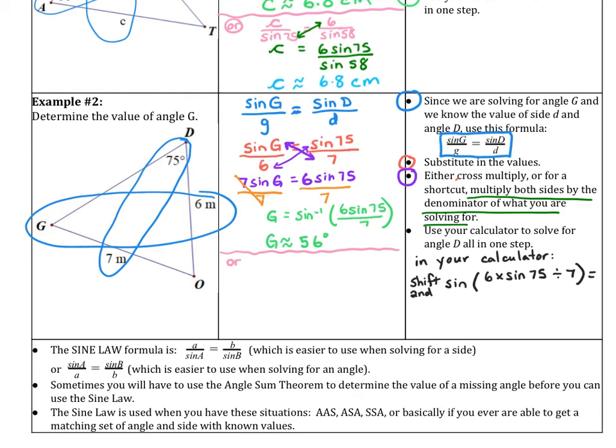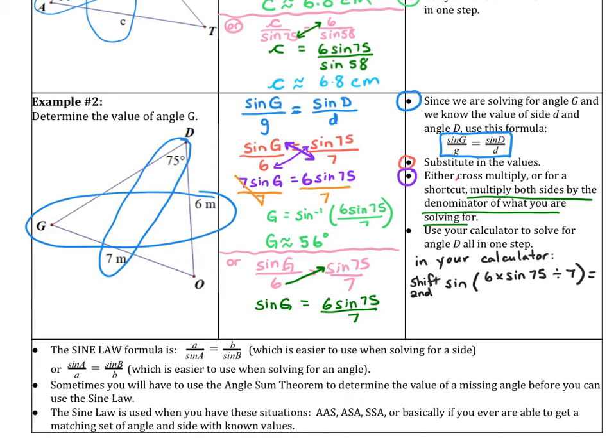So your sine g over 6 equals sine 75 over 7. Your half cross multiply means your 6 comes up and multiplies here. So you have sine g equals 6 sine 75 over 7.